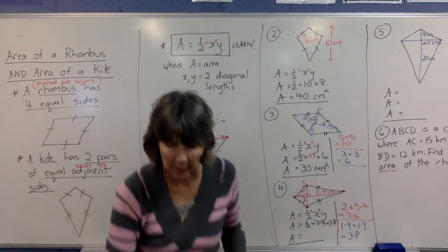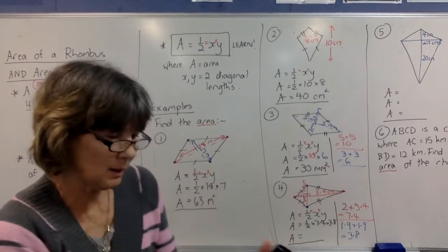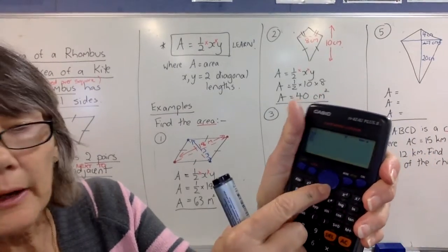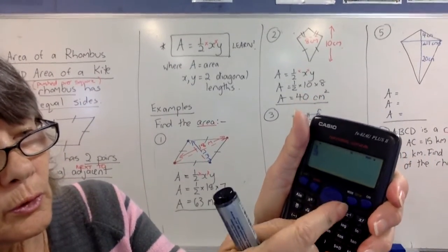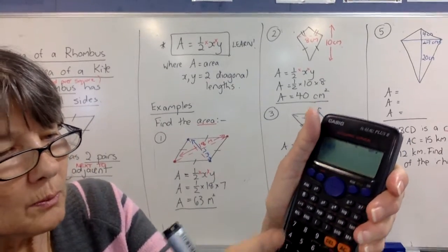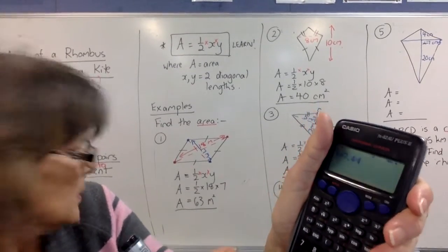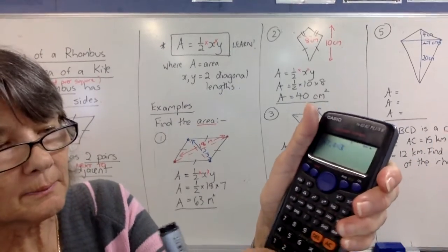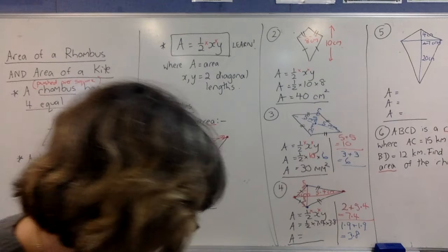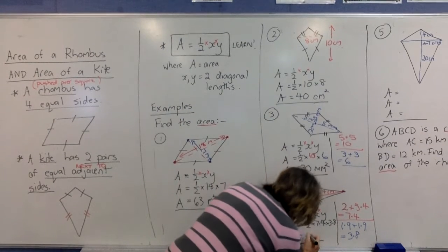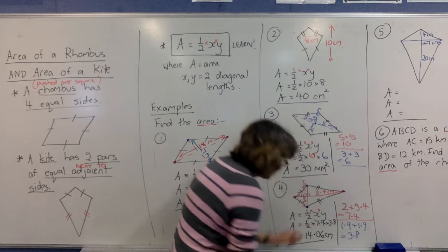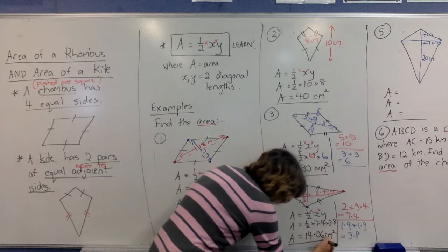Okay, so we're going to get our calculator, type in fraction key, 1, down arrow, 2, right arrow, times 7.4, times 3.8, and equals 14.06. Centimetres this time, and it's squared for area.